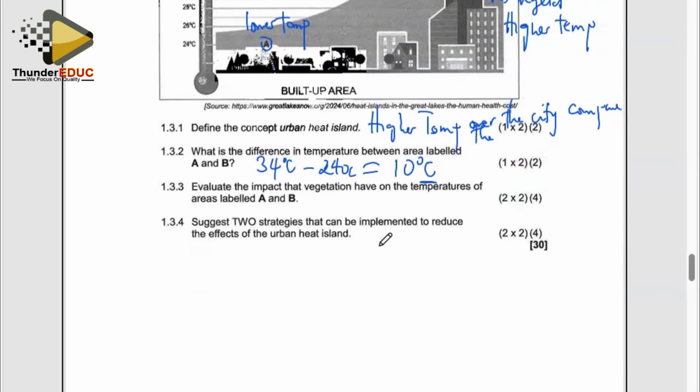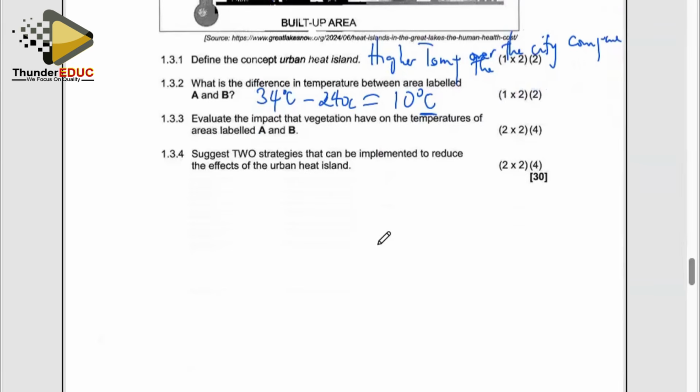Right, that takes us to the next question. Suggest 2 strategies that can be implemented to reduce the effects of urban heat island. What can we do to reduce the effect of urban heat island? Automatically, we need more trees. The more we plant trees in the urban area, it means we are also contributing towards reduction of temperatures.